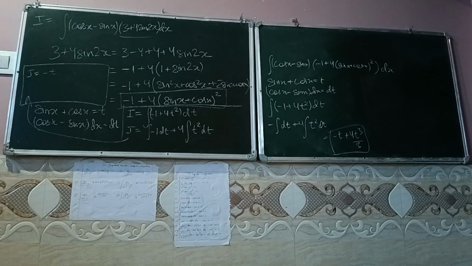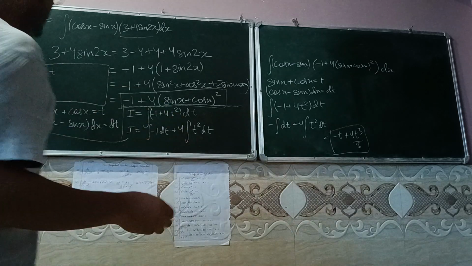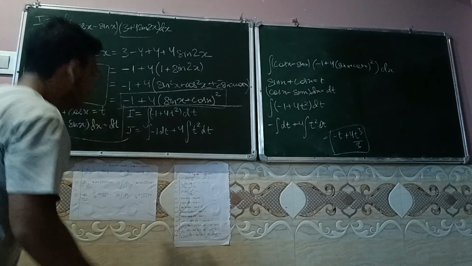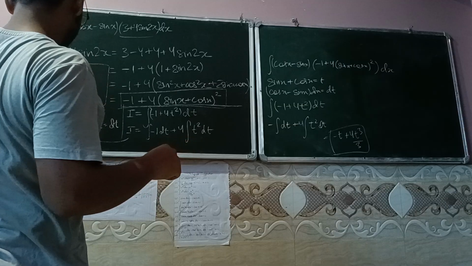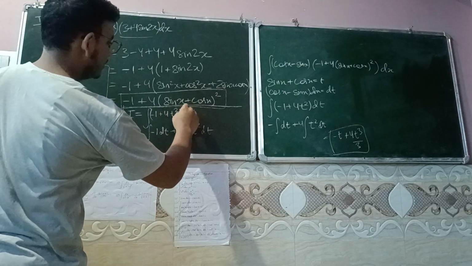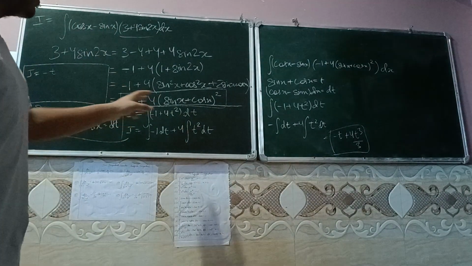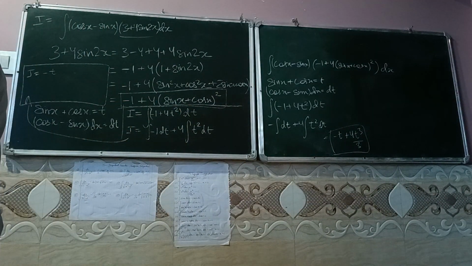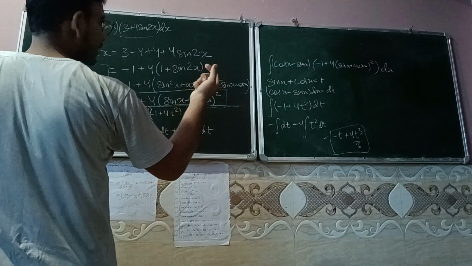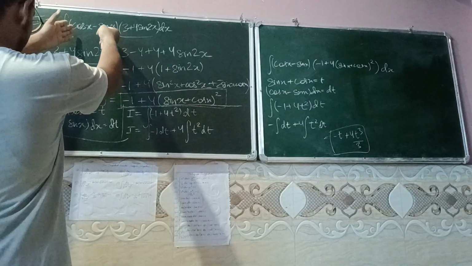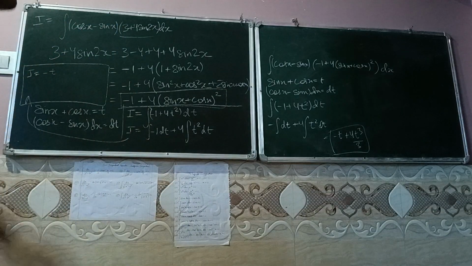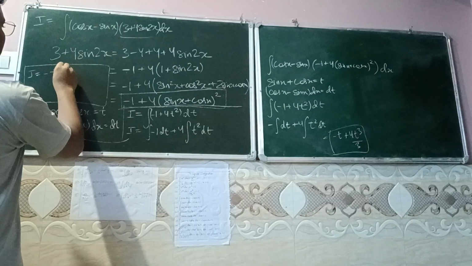What he is doing is multiplying with an extra t, and I don't know why he is putting t right here. Why do you want to put it? I don't know what he is thinking, but according to my knowledge, this is correct, and our I will be like this, 4t cubed over 3.